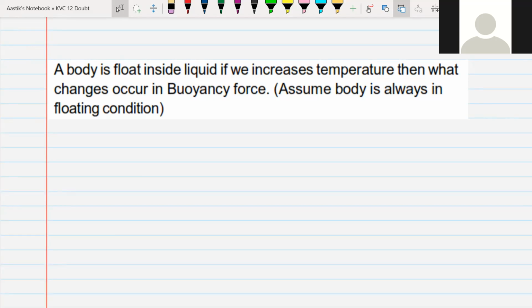Sink, sir. Yes, beta? Body will sink, sir. See, it is given the body is in floating condition, my dear friends. Isn't it?